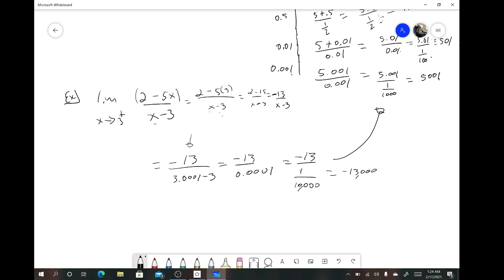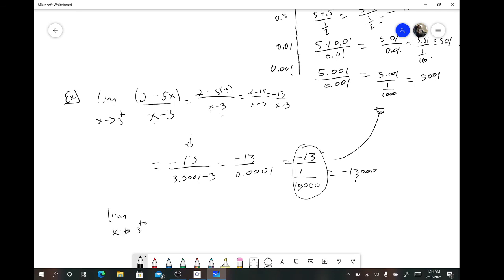So we could see that the closer you're getting to 3 from the right side, the bigger you're going to be making this output value. And because the numerator is negative, the whole fraction is going to be negative, so this is going to be tending to minus infinity.